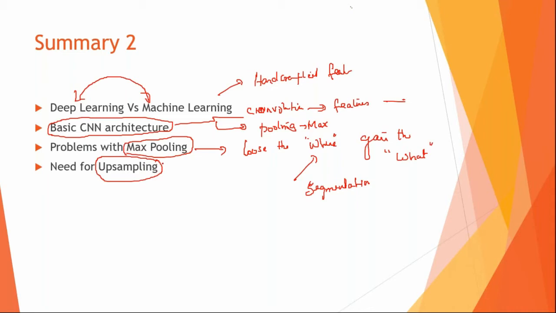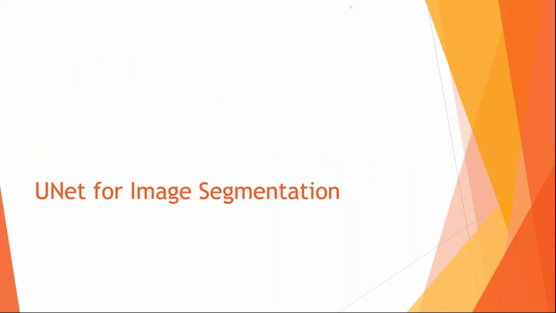Okay, fine. We go into the next part, which is how to solve this CNN problem using an architecture referred to as the UNet. You might have heard about this word called UNet.